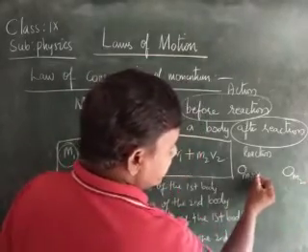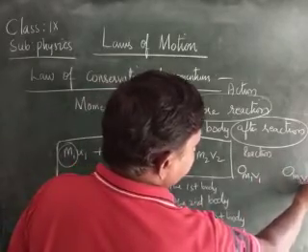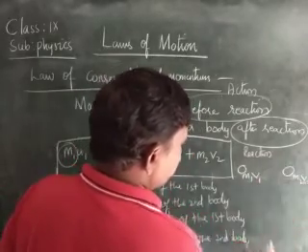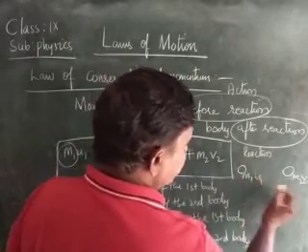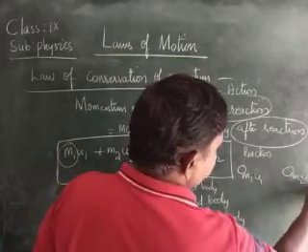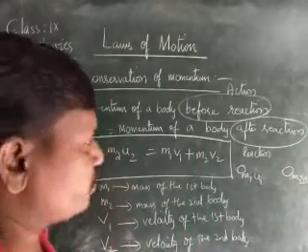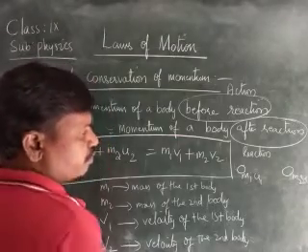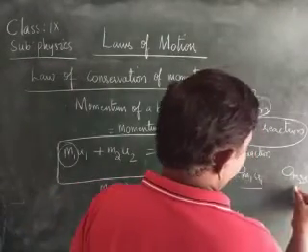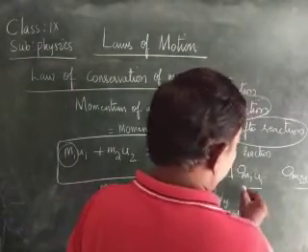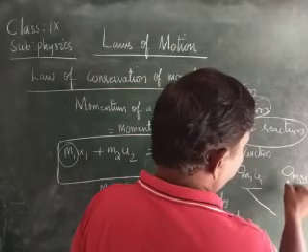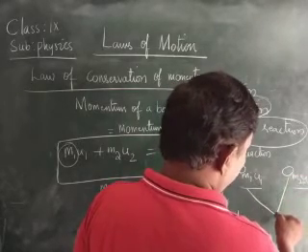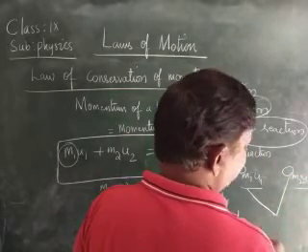If they are moving with velocities, sorry, u1 and u2, then m1u1 is the momentum of the first body and m2u2 is the momentum of the second body. We make the two bodies collide with each other.